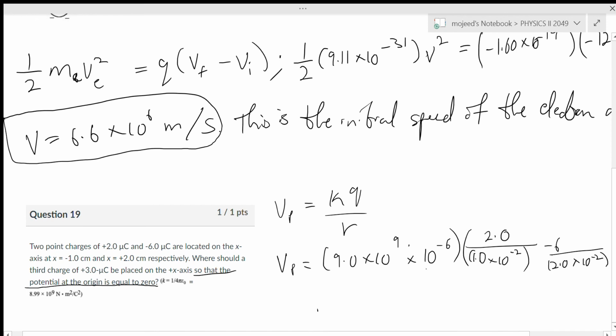To explain what I've done so far, this is the value of k, and this is the charge, and we multiply by a factor since it's in microcoulombs.